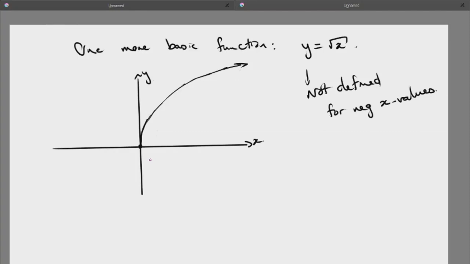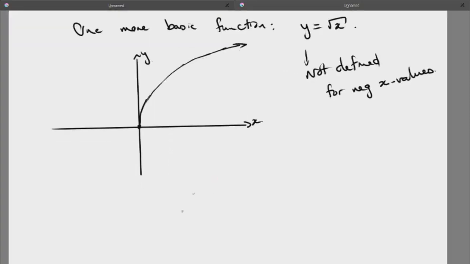So I get something a little bit more interesting, not complicated, just more interesting in that it's not defined for every x value, and it's a little bit of a different shape. But of course, we have this basic function. We can do a transformation problem on it. Let's do number 4.